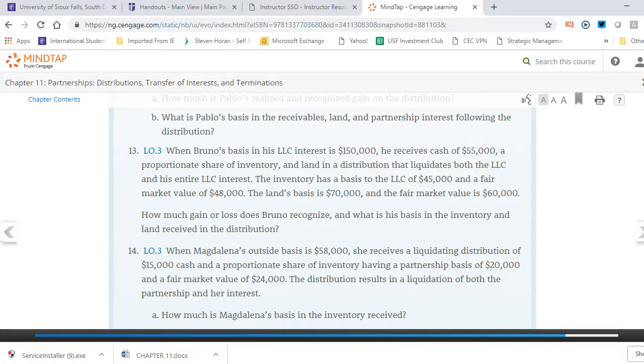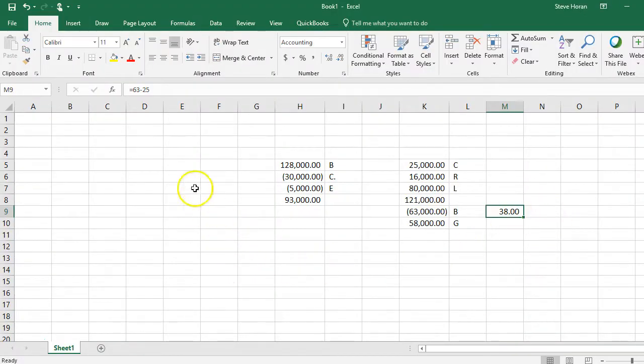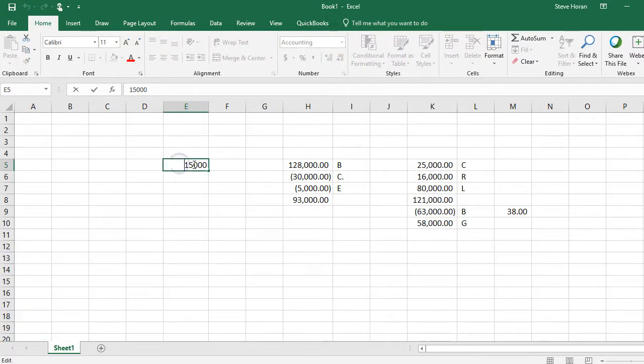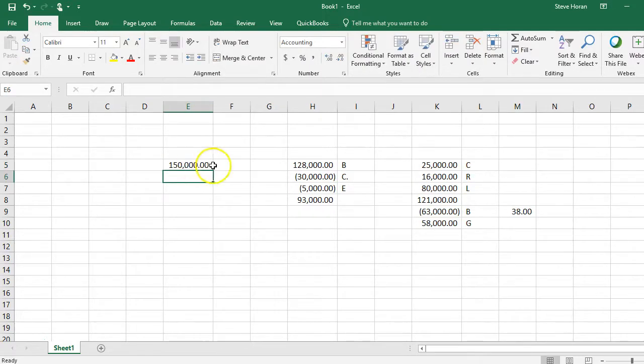So we take the 150. Let's take his original basis over here. Let's do this one over here. Whoops, one more zero. 150. That's his basis. Okay. We're then going to subtract the cash. Okay. That comes out, and then we'll take out the inventory, the 45,000 basis for inventory.